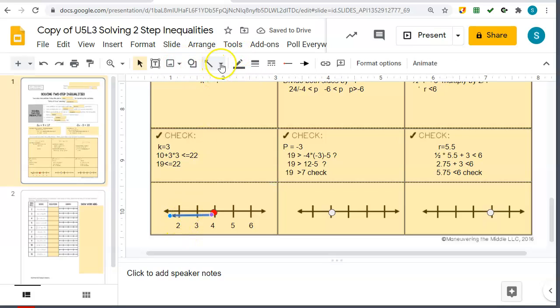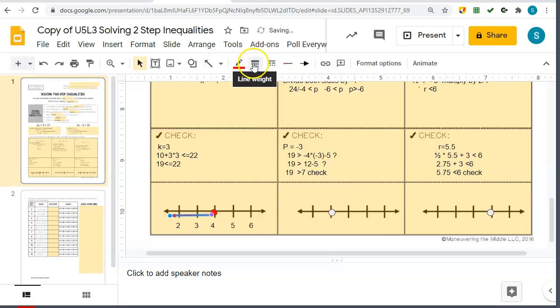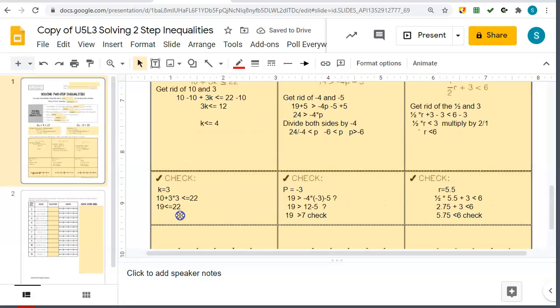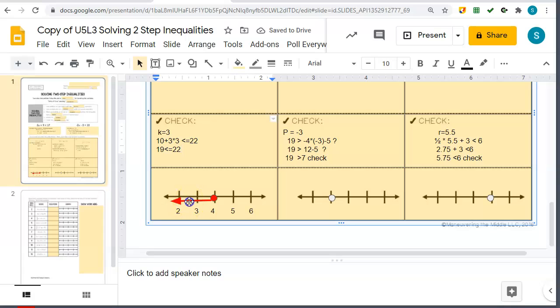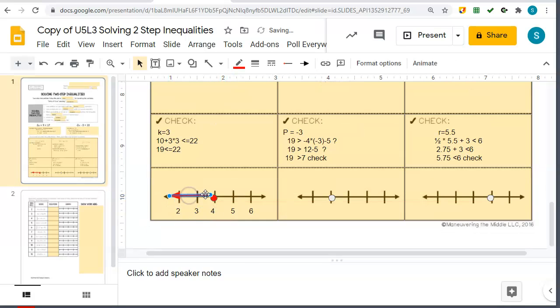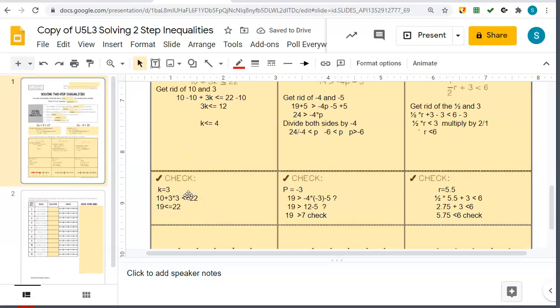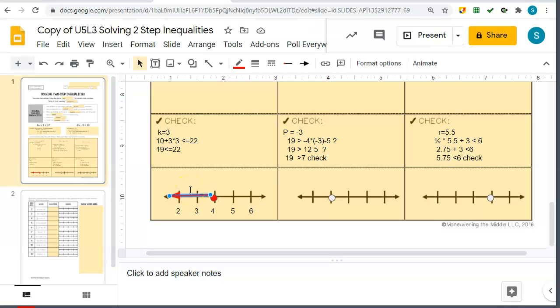Make it red. Make it bolder. And maybe move it up just a little bit. Not perfect, but come on, we're going for speed here.